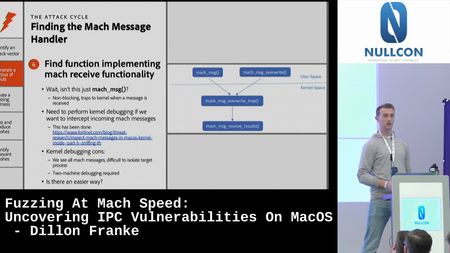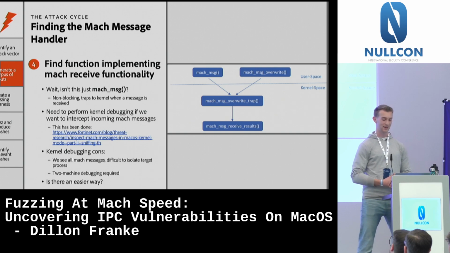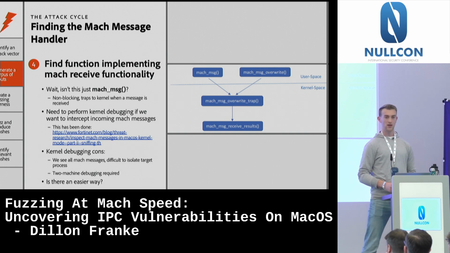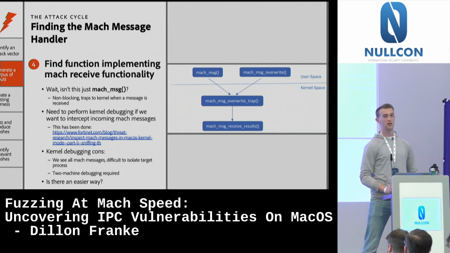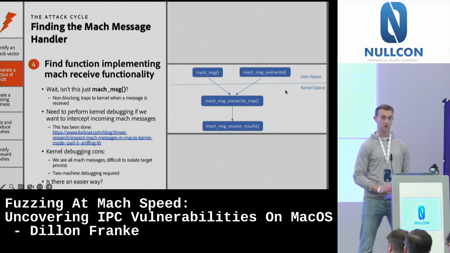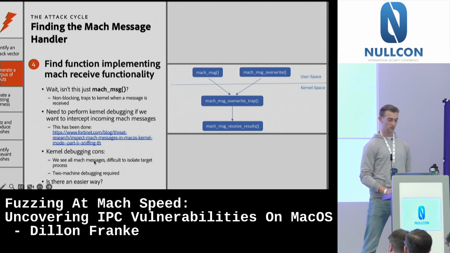So if we actually want to dump the Mach message that's being sent, we have to get into kernel space. I experimented with performing kernel debugging, writing some trampoline code to actually dump those messages in kernel space. There's a really good Fortinet write-up here that I linked to that talks about how you can do that and provides really good steps.